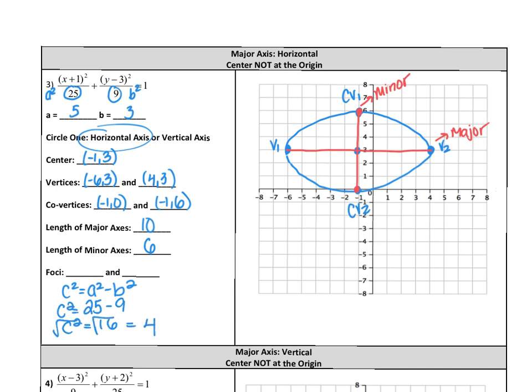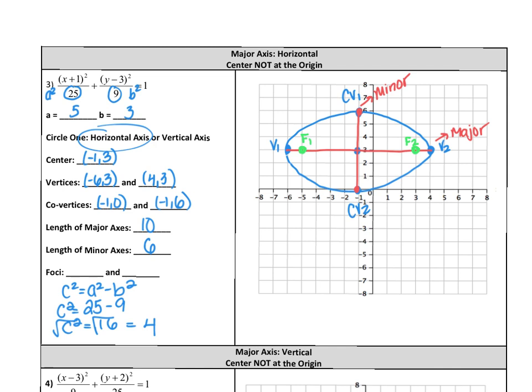So now we have to find where the foci are. Well, we know the foci lie on the major axis, 4 units from the center. So we can go ahead and count 1, 2, 3, 4 from the center. We'll call this foci 2, and 4 from the center on the left side, and we'll call that foci 1.